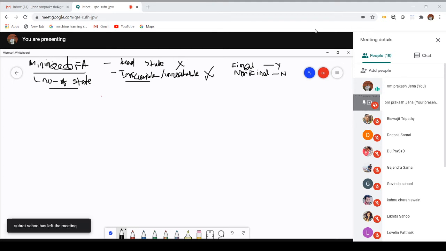Okay, now let us consider an example. We have to check whether we can minimize a finite automaton or not. So I have to draw a diagram like this. This one equals q0. Let this one equal q2.